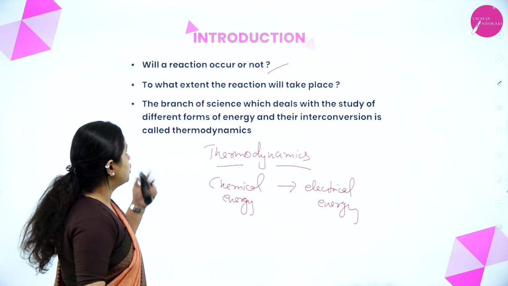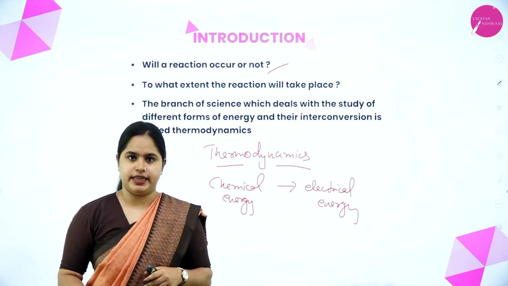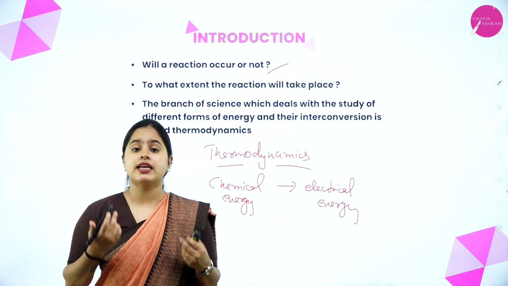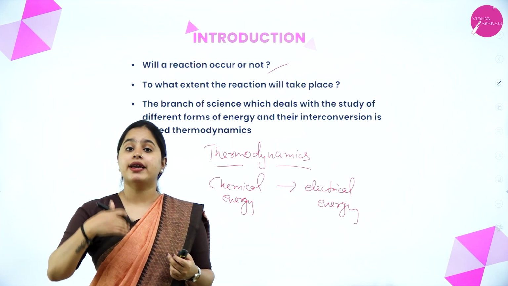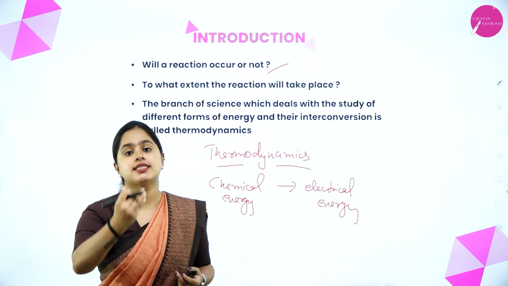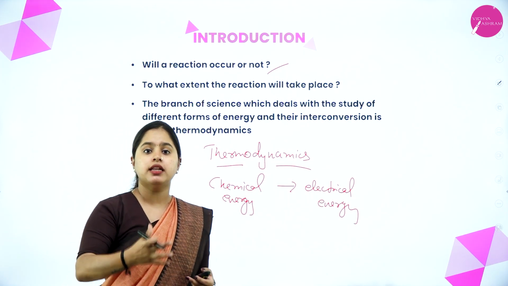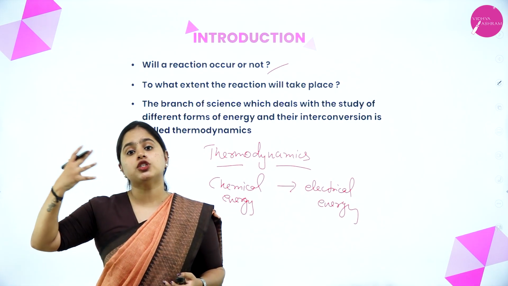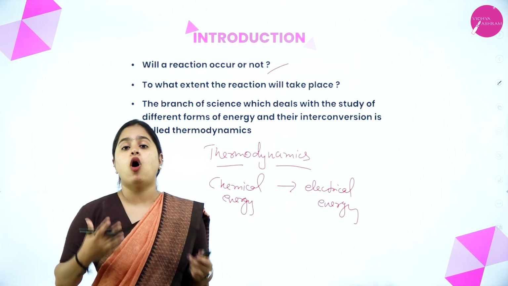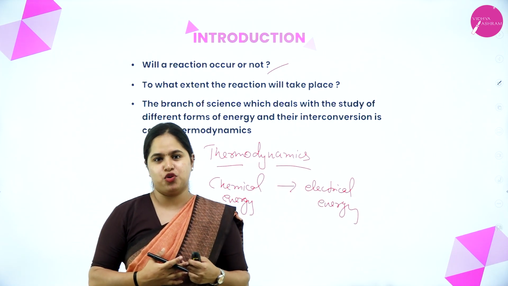And one more thing, to what extent the reaction will take place. Yes, so first, whether the reaction will take place or not, we will understand it, right? And to what extent, right? To how much extent the reaction will take place, right? How much of the reactants will combine and form products, right? How much amount of product we will obtain. All those we will get to study under thermodynamics, right?